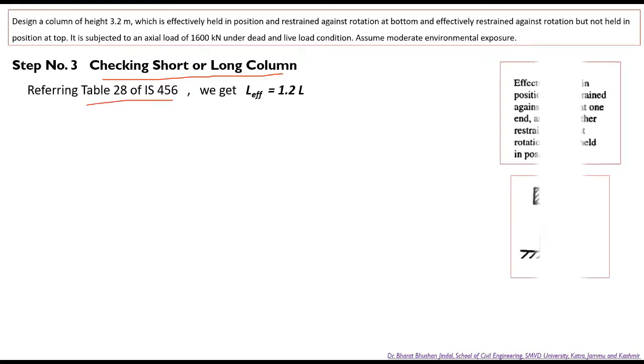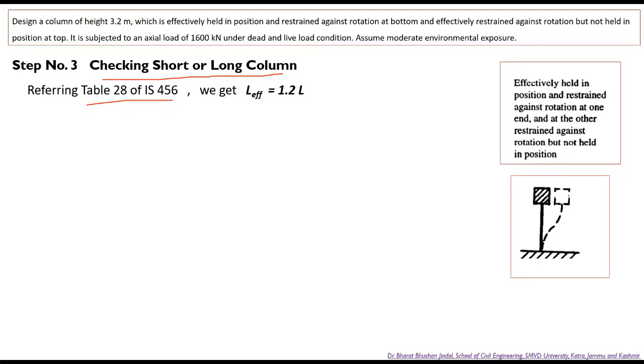This is the extract from IS 456: effectively held in position and restrained against rotation at one end, and the other end restrained against rotation but not held in position. This was the condition mentioned in the statement itself, so the condition will look like this.